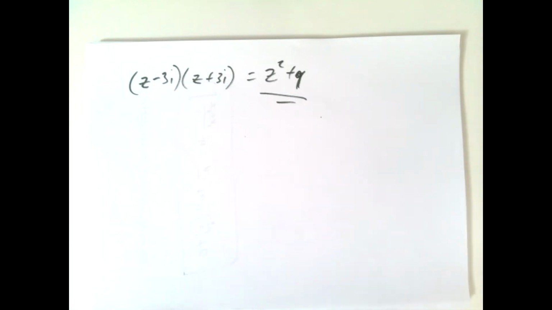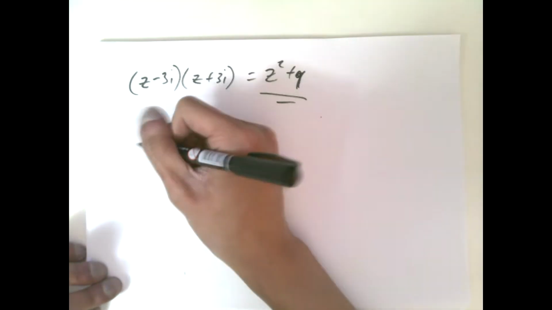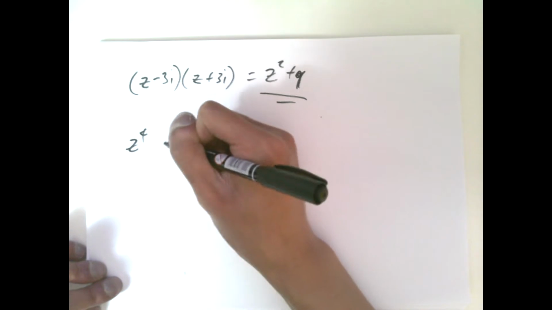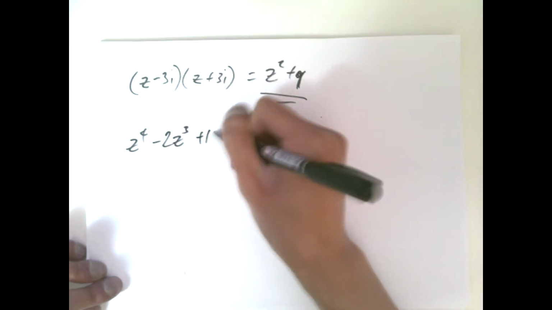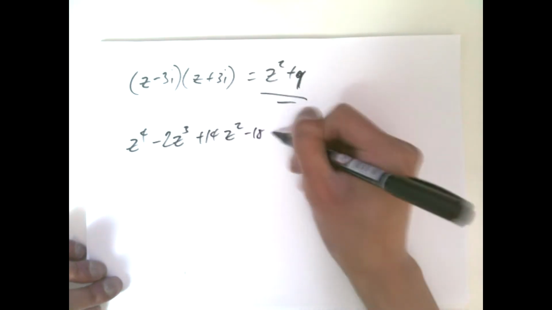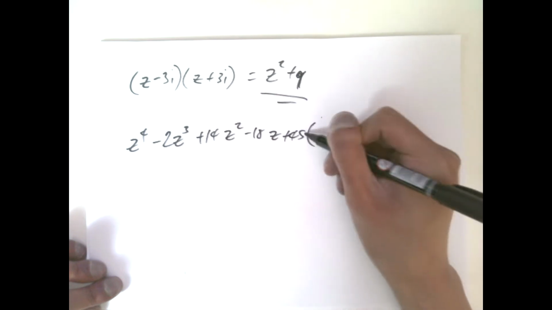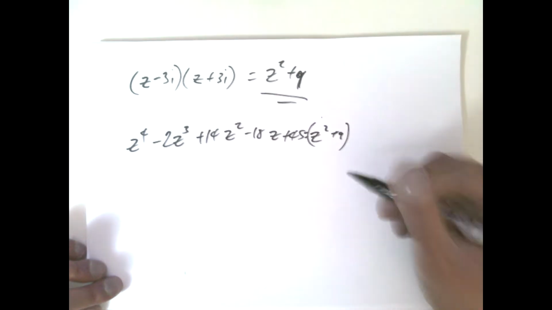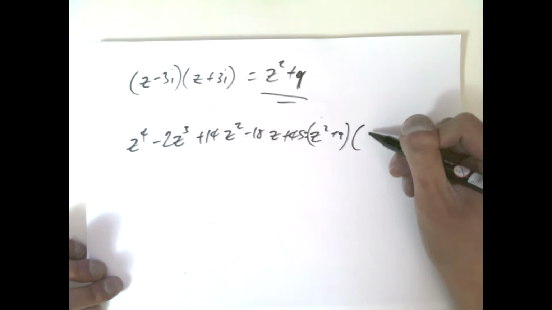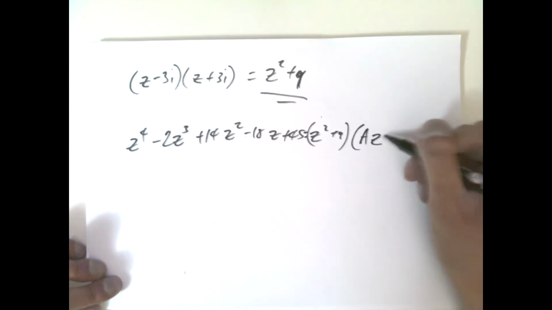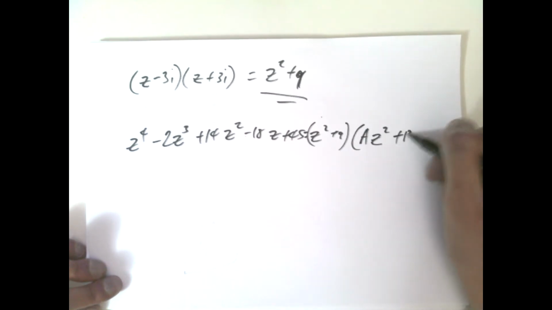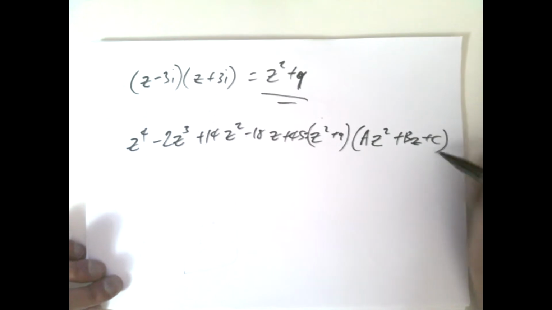But here's the thing, we don't know what the second quadratic factor is. So let's just say that it is some quadratic called az squared plus bz plus c.